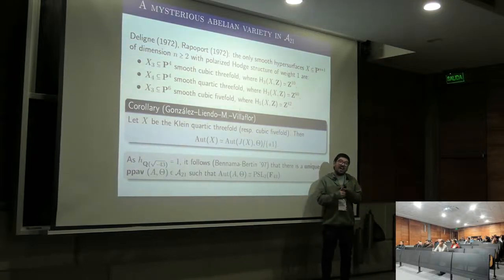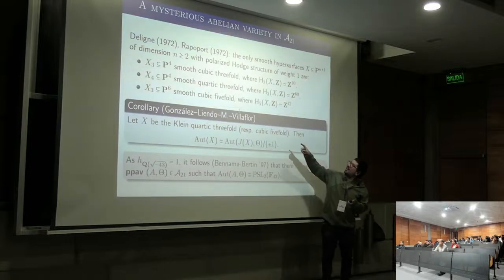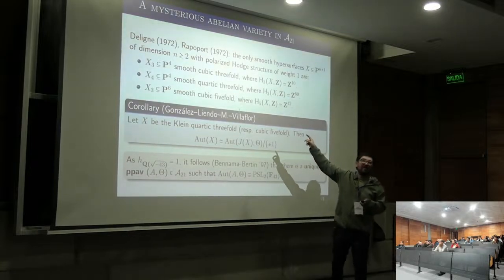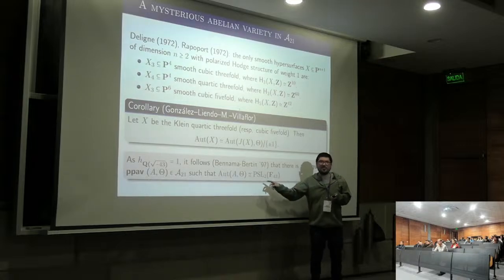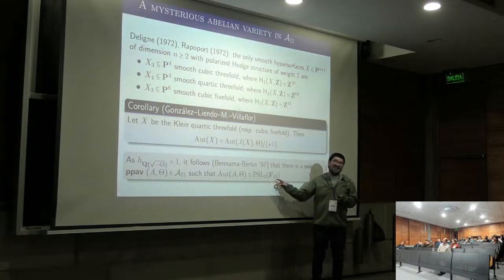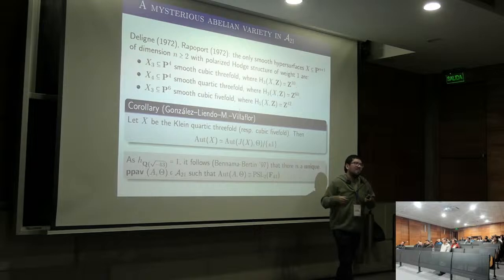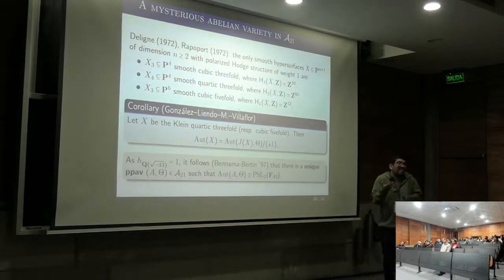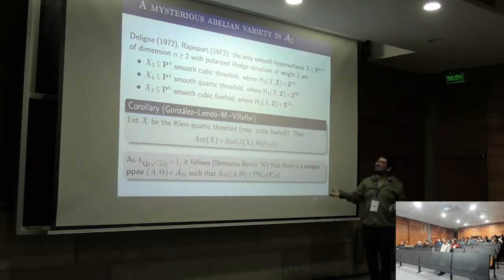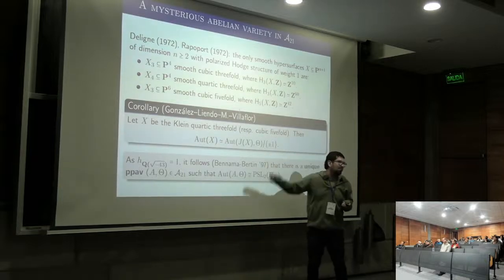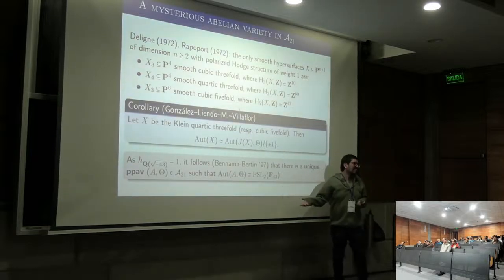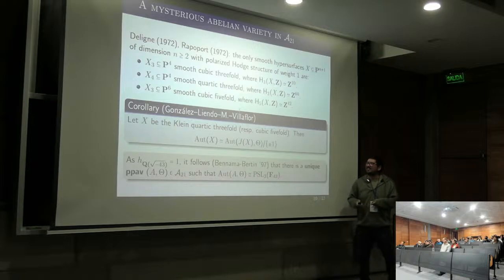We have Adler's result on the Klein cubic threefold, saying that you have the same automorphism group but with 11 instead of 43. So, of course, the naive guess was that the automorphism group of this guy, the Klein cubic fivefold, was this one. But at the end, it wasn't the case.